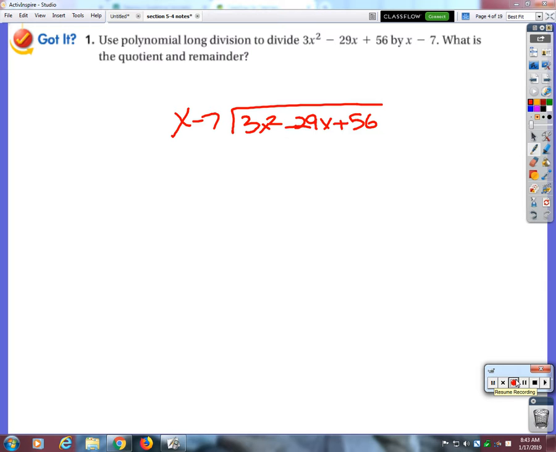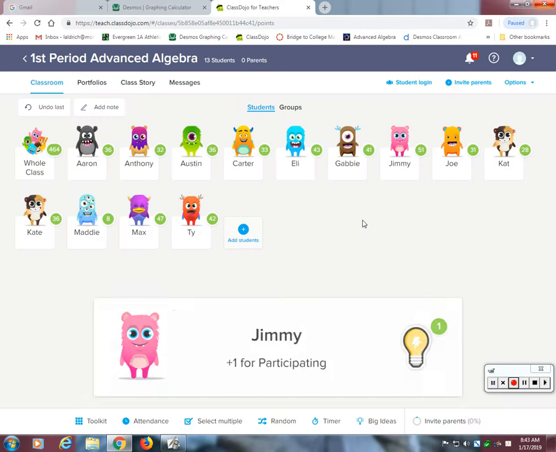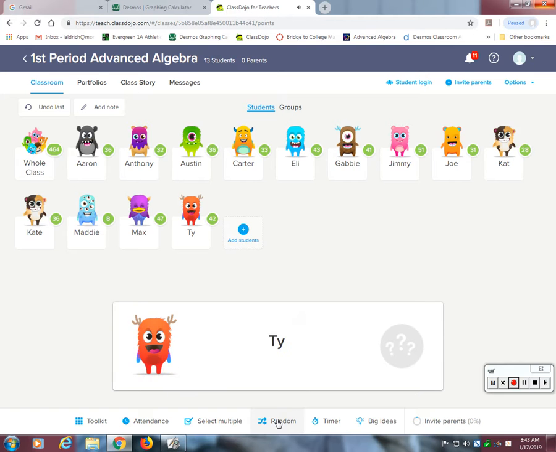What number goes on top of the 3x squared? Good. So the first thing that you do is you take this number right here, 3x squared. You divide it by the first number there. 3x squared divided by x is 3x. So Jimmy tossed a 3x on top there. All right, and that is correct. What do you do next, Ty?